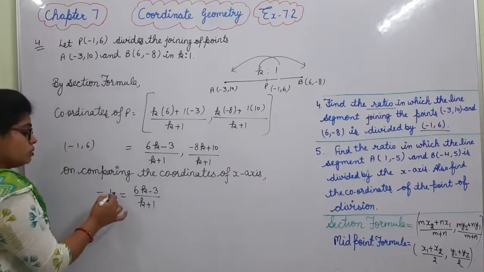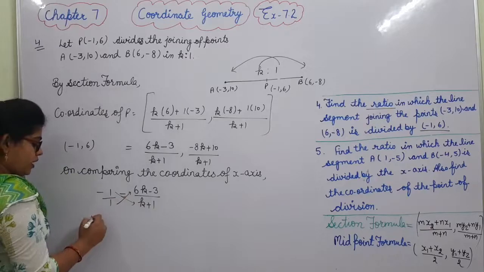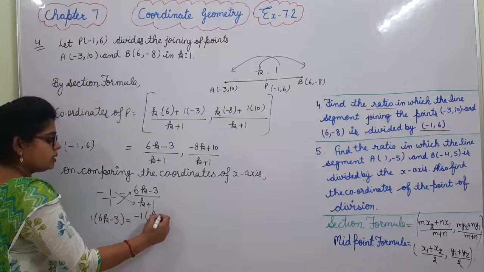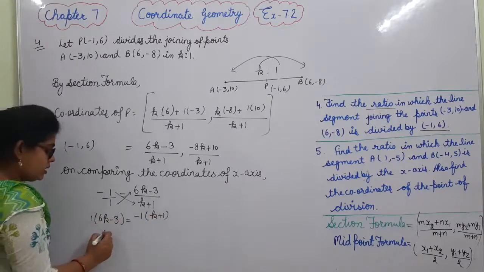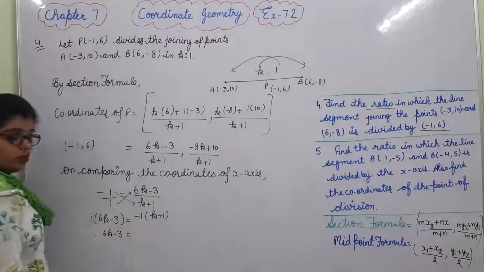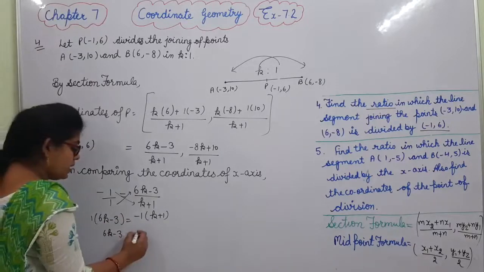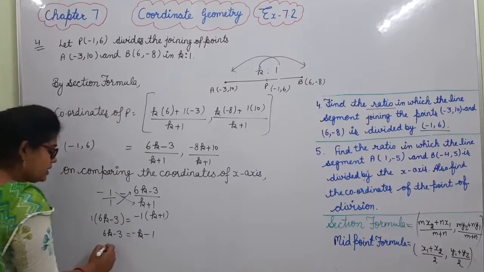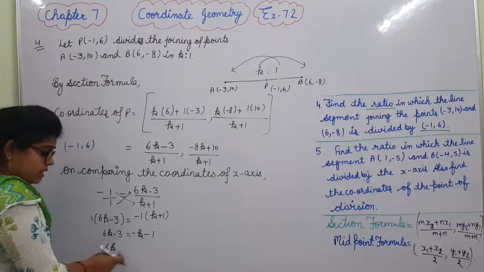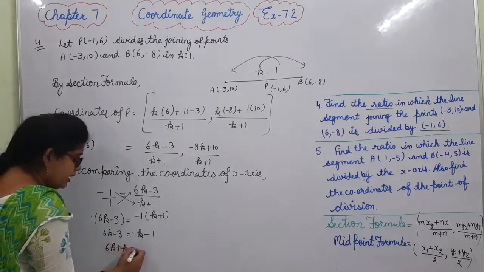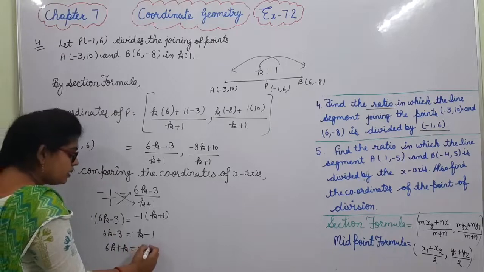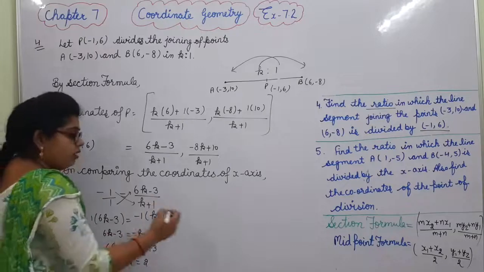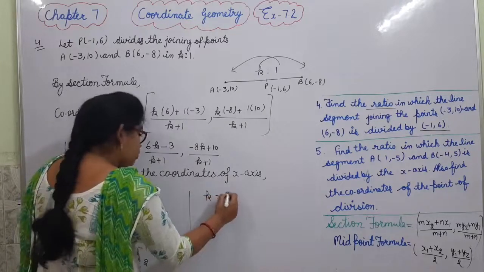Now we will do cross multiplication here. 1 into (6k - 3) is equal to -1 into (k + 1). From here 6k - 3 is equal to -k - 1. Now bring this k to this side, -k will become +k, so 7k is equal to -1 + 3, that is 2, and k is equal to 2 by 7.